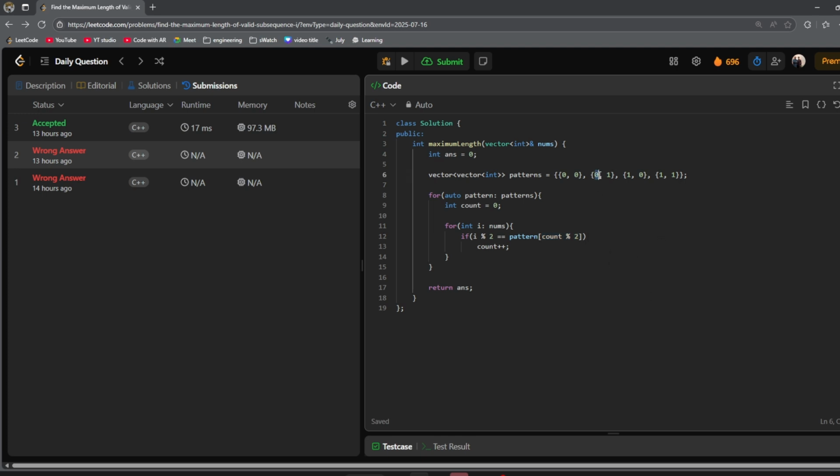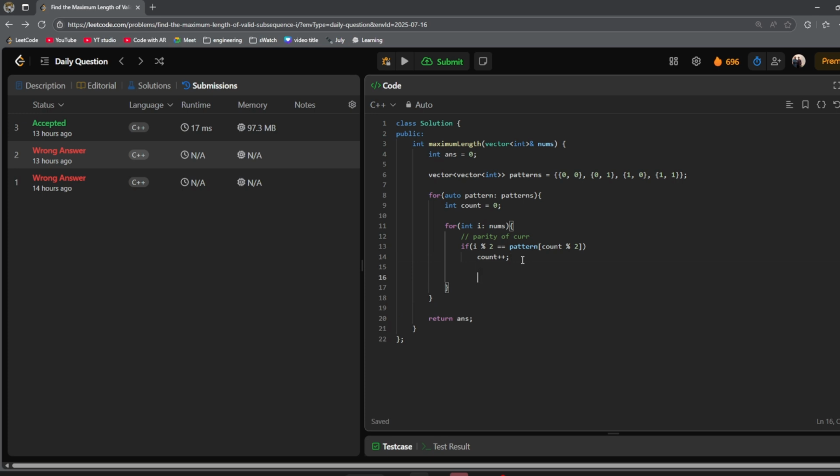Let me actually write down a comment over here as well. Parity of current number. First of all, you compare the parity of the current number with this particular value, and then you compare it with this particular value, and this pattern goes on and on for the whole of nums, right? As simple as that, nothing too complicated.